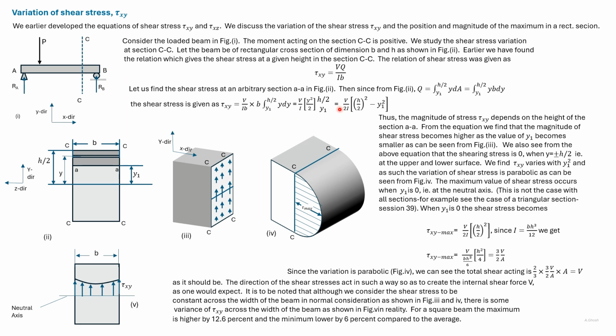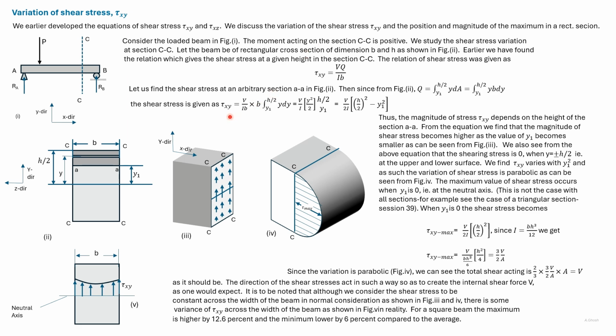To find Q, we consider this thin element of area dA. Then Q is the integral of y dA, from y1 to h by 2. Now dA is b into dy, which has been written here.